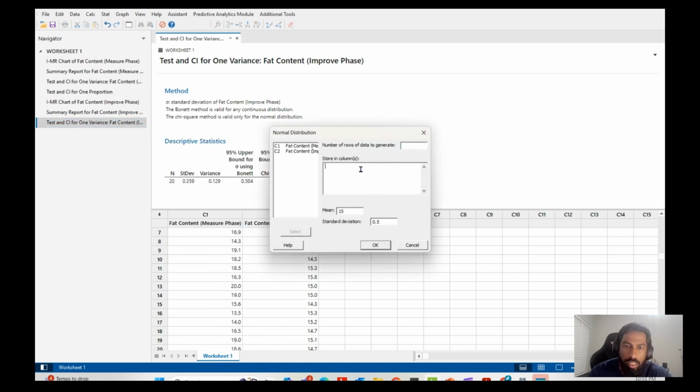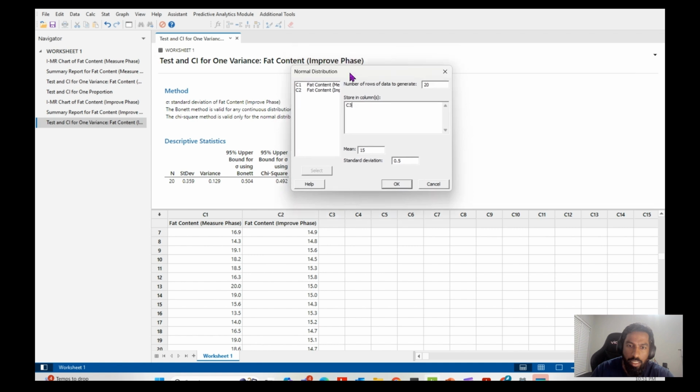Over here, since we want 20 values in each sample, we can put 20 and store in columns. We can store the values in columns C3 to C12. And since we know that the mean for this sample was 15, we can put 15.